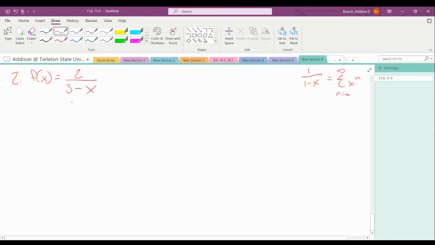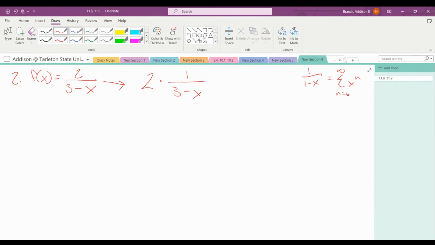All right, so we can see we still have a minus x, but now we have a 2 and a 3 in there. So the first thing we have to do is figure out how to get rid of those. We can take this 2 and factor it out and say that we have 2 times 1 over 3 minus x. Now our numerator looks fine.